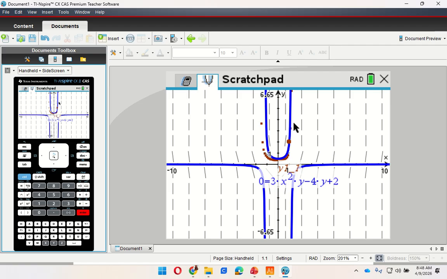There we go. Notice my blue lines and my brown lines don't line up. They line up through the point, which was given right here, 1, 2. But everything else are estimations.